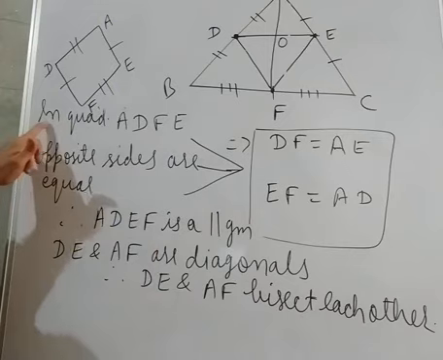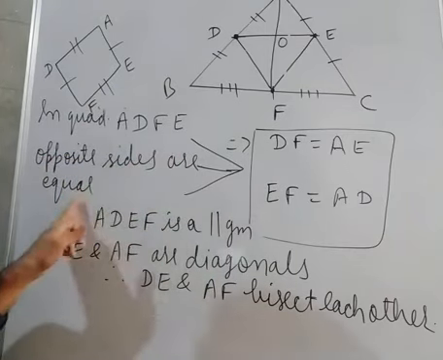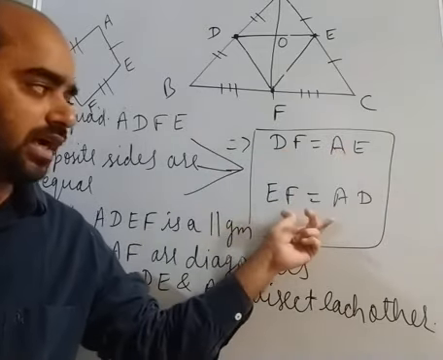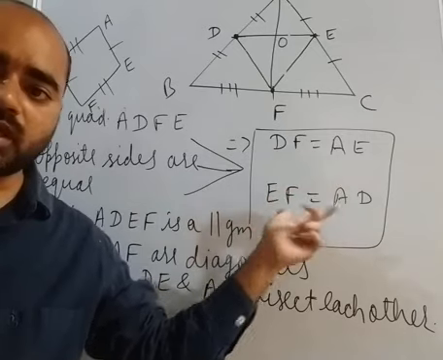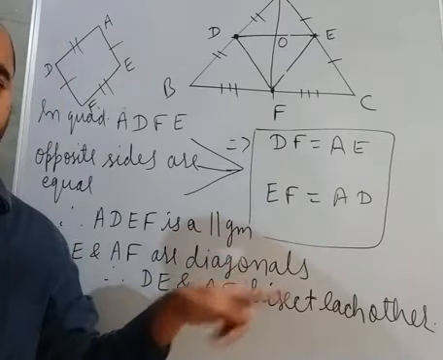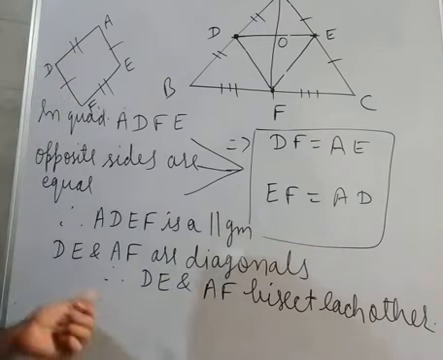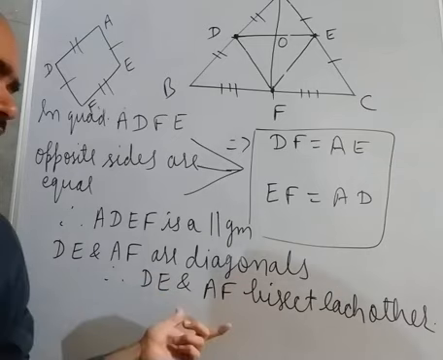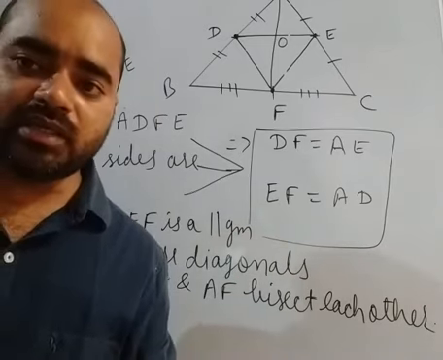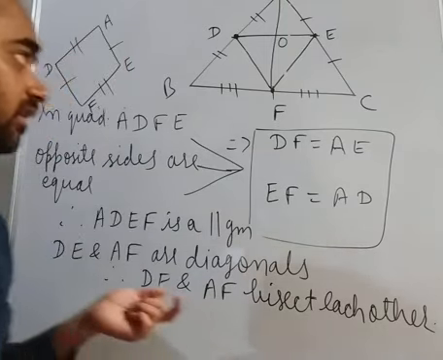See, in quadrilateral ADFE, opposite sides are equal. Which opposite sides? DF and AE, and EF and AD. Opposite sides are equal, therefore ADFE is a parallelogram. And what is the property of diagonals of a parallelogram? Diagonals of any parallelogram bisect each other. And what are the diagonals in the parallelogram ADFE?